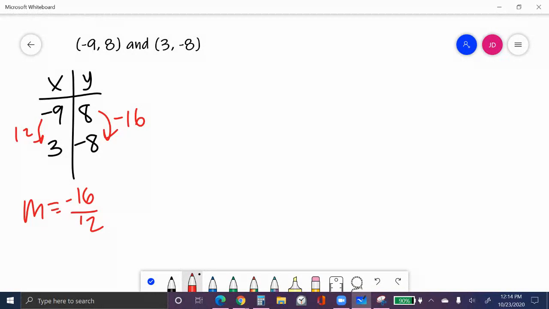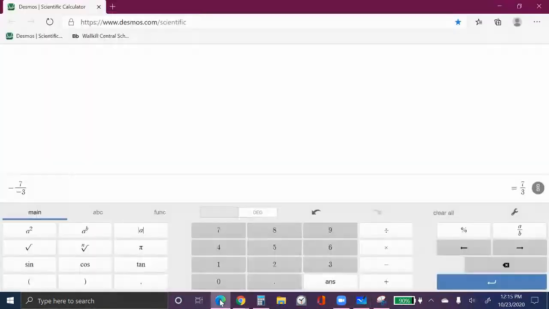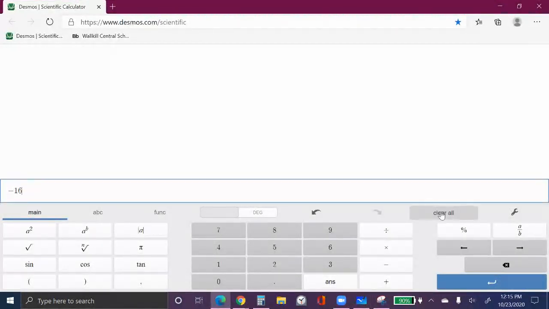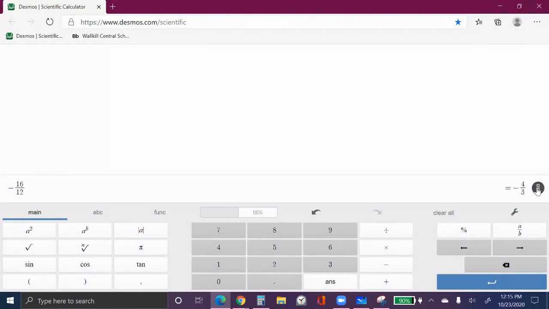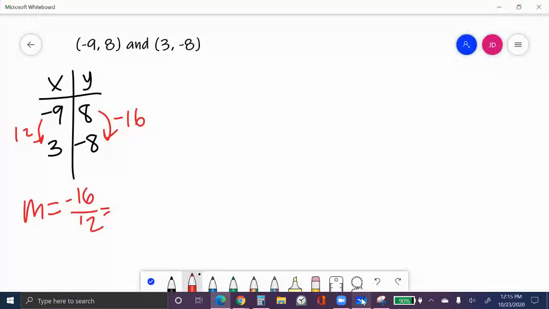Now if I don't remember how to reduce fractions, again, you can use this calculator to help you. Negative 16 divided by 12 is this. I don't want that. I want the fraction. I want negative 4/3.